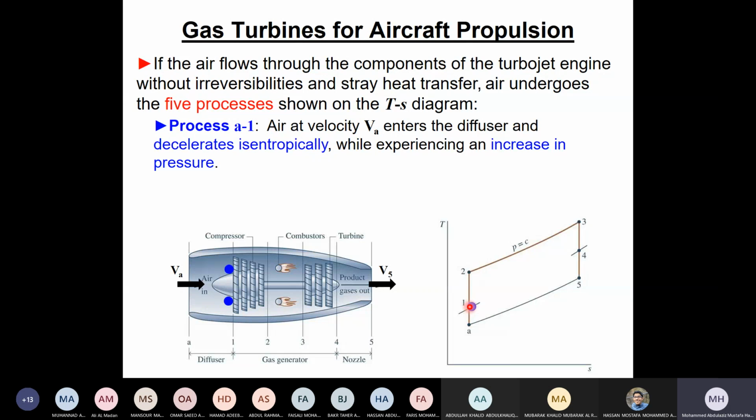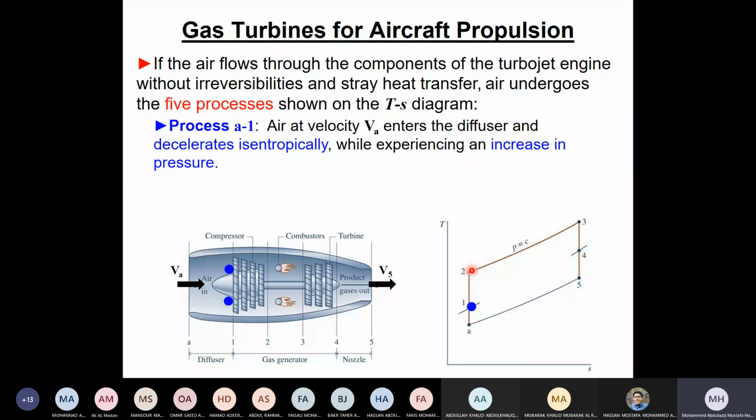The advantage is that you have to compress less, so the work for the compressor will be less. This is the function of the diffuser: to change the kinetic energy to pressure, and therefore we reduce the compressor work.